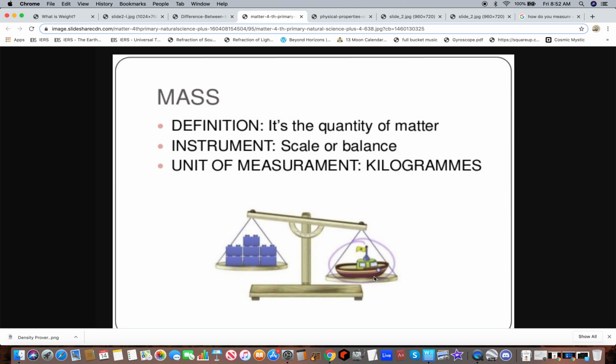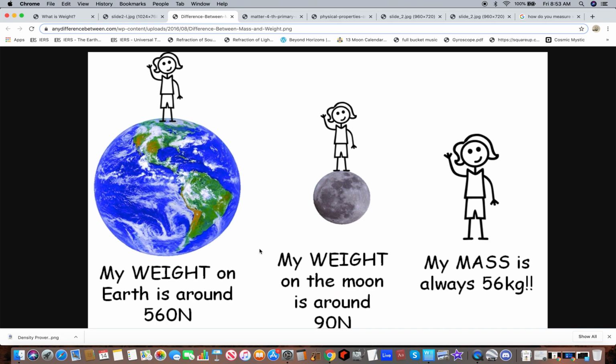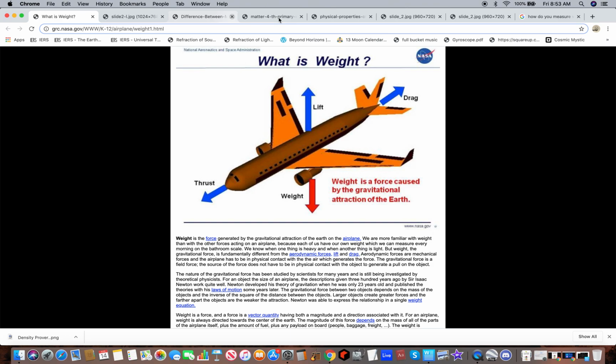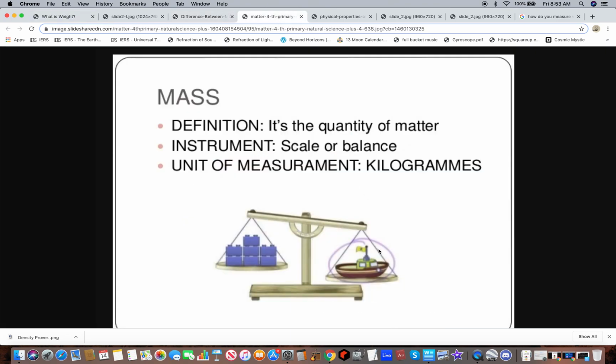So they measure kilograms on a weighing scale, but yet mass, according to this, is completely separate from weight, and your weight is defined by gravity, but yet they're using weighing scales to weigh mass with kilograms.